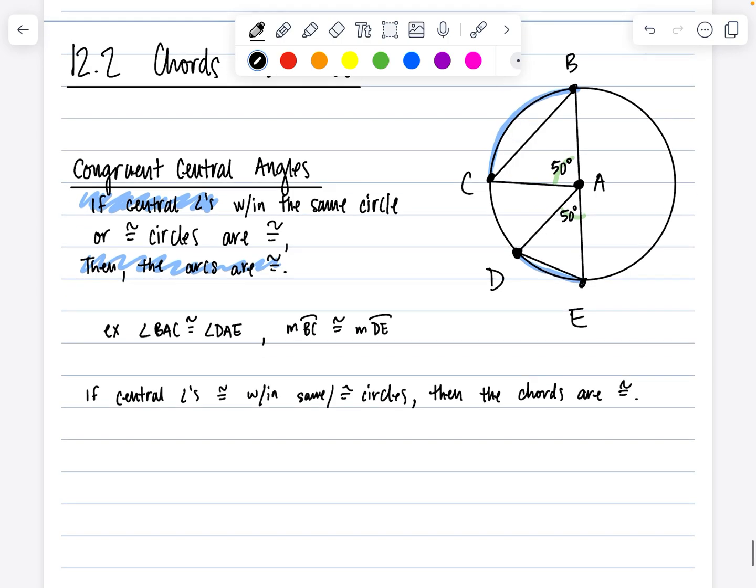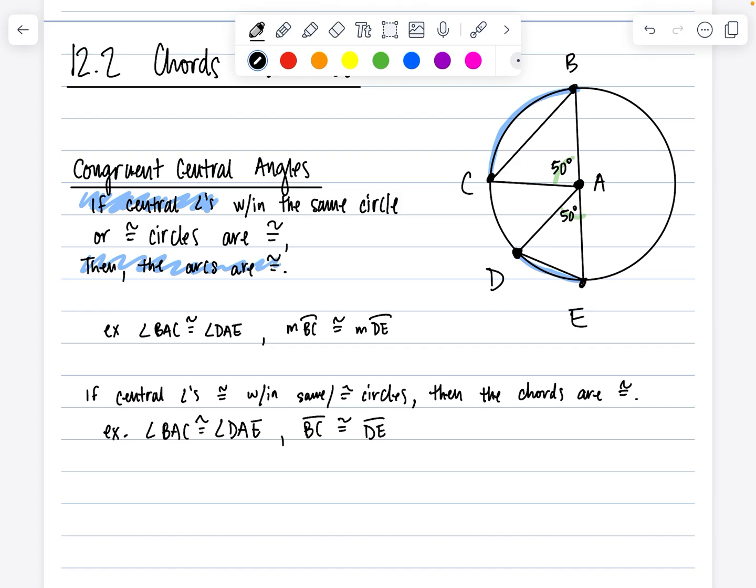Okay, so in this example, we have the same angle measures: angle BAC is congruent to angle DAE. As a result of this, the chord BC will be congruent to DE because they have the exact same central angle, they have the exact same arc measure, and they will have the exact same chord length.